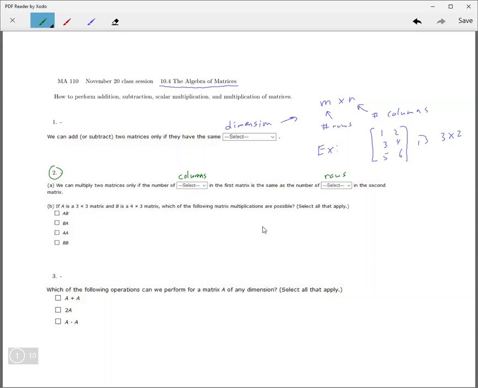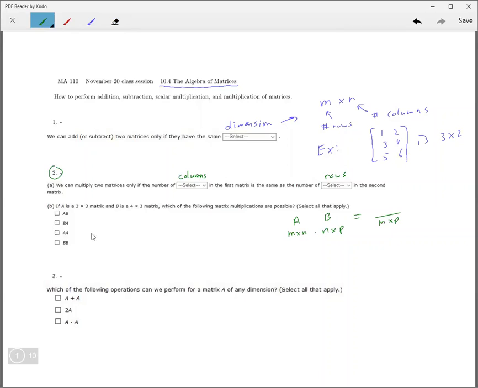So what that means is that if A is m by n, then in order to multiply A times B in this order, B would have to be n by something. So if A is m by n and B is n by p, then that's going to work, and the dimensions of the resulting matrix will be m by p. Okay, so that's kind of how that works.